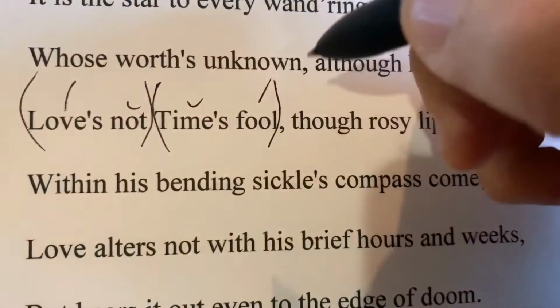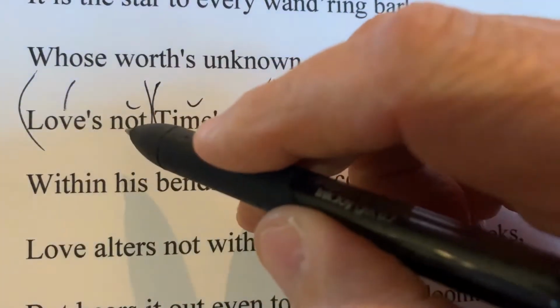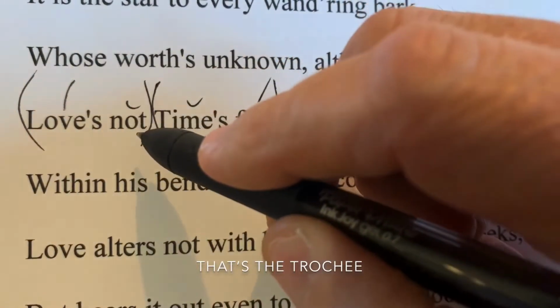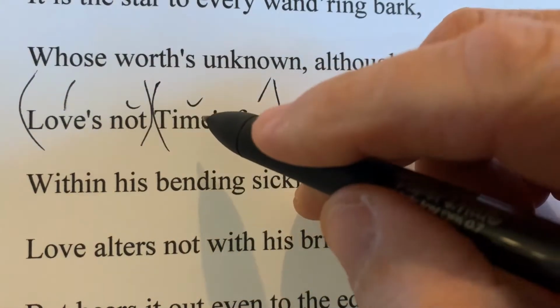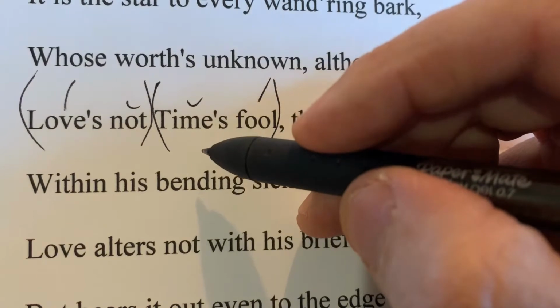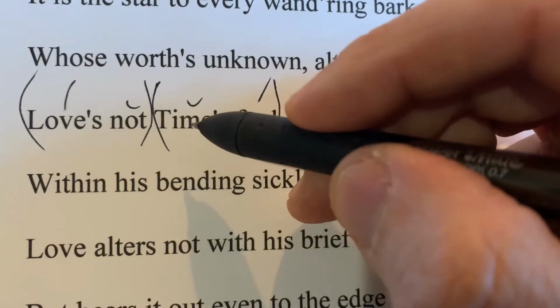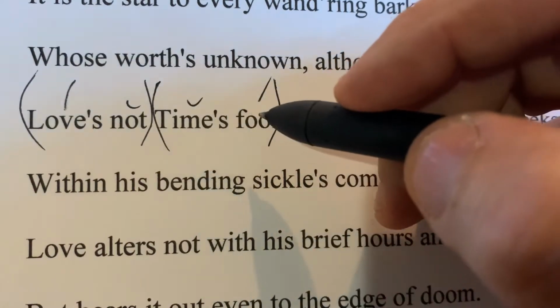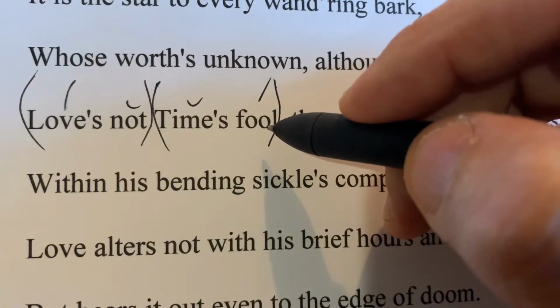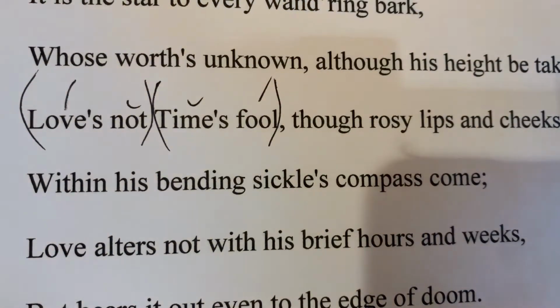And so in this case, love's not is strong, weak, but here we have what we would call a spondee, but it's not because the iambic pentameter takes over. This time's is demoted while fool maintains its full stress. So you can hear the trochaic inversion.